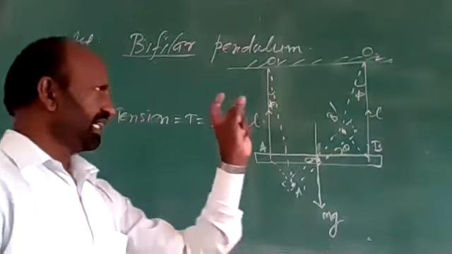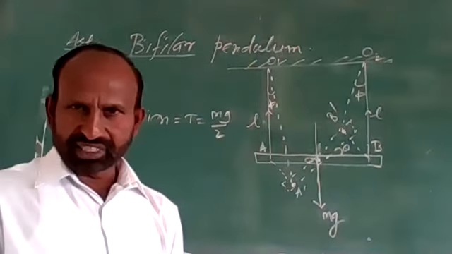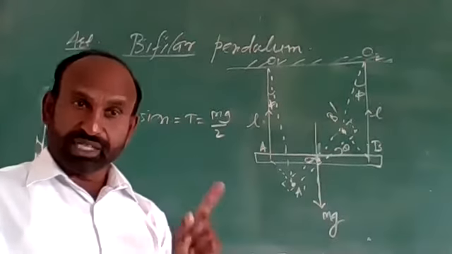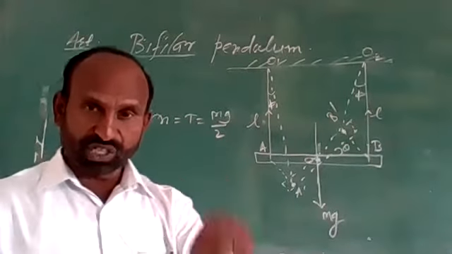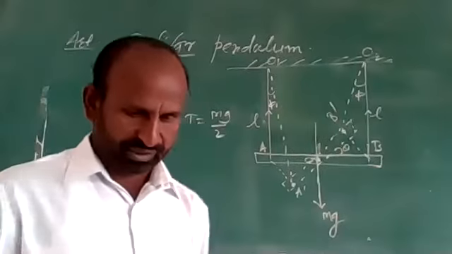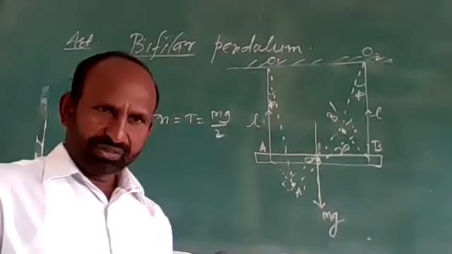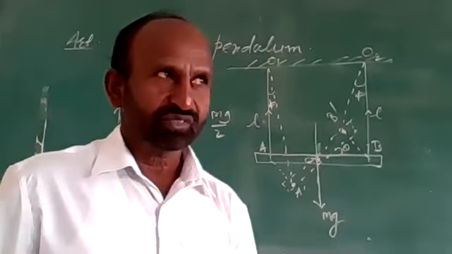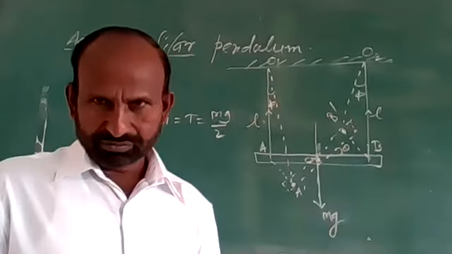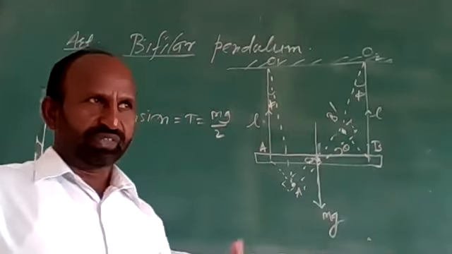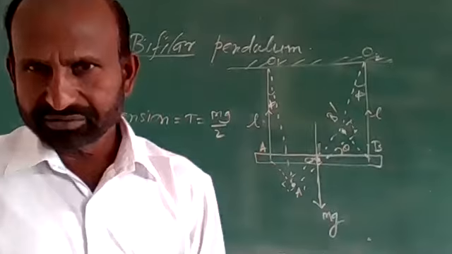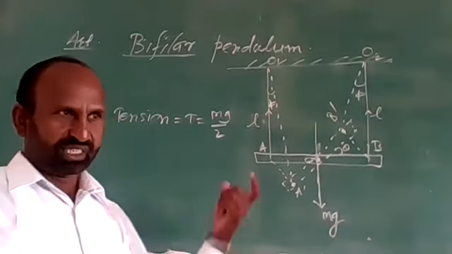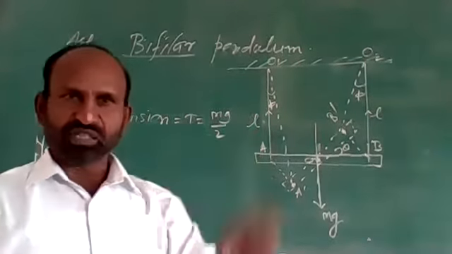Now when this bar is displaced to the new position A dash B dash, the tension on the thread is resolved into two components. The weight of the bar is balanced by these threads, but when it is displaced, the tension is resolved into a horizontal component and a vertical component.